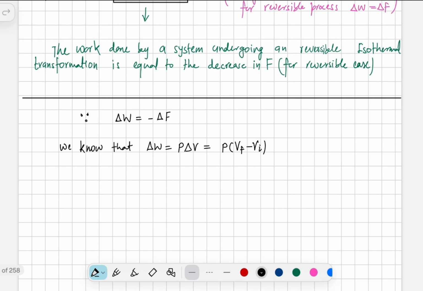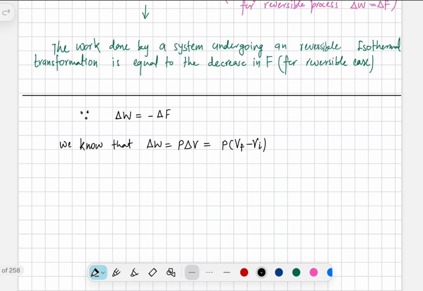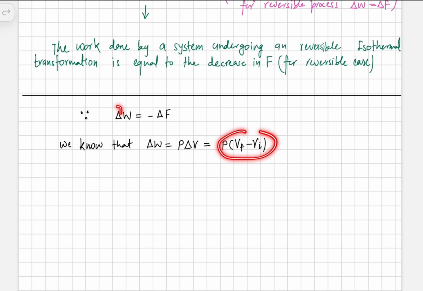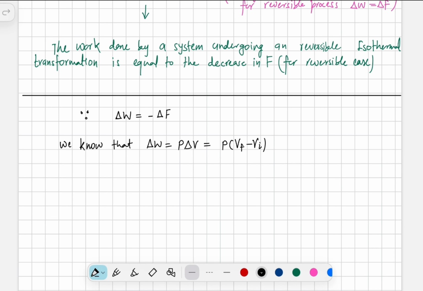If you put this in place of this, what do you get? It implies that P of Vf minus Vi equals minus delta F.